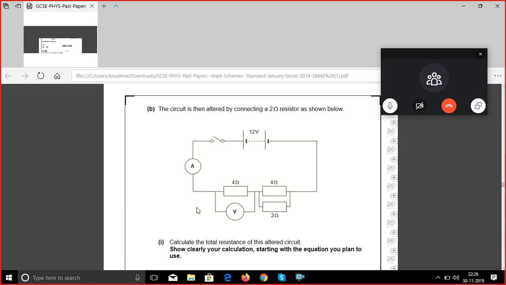So 1 over 4 plus 1 over 2, and we need to work out what RT is.